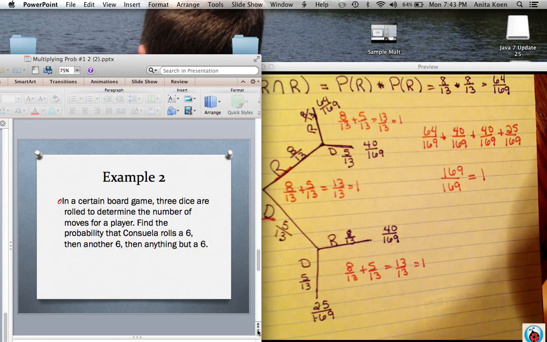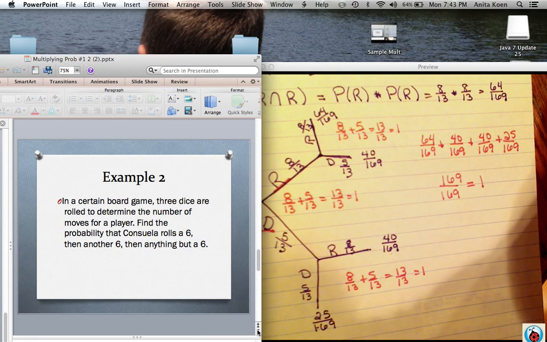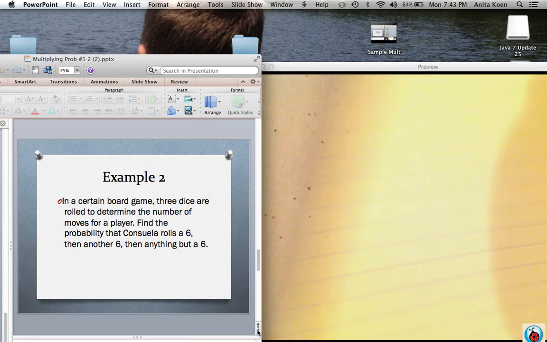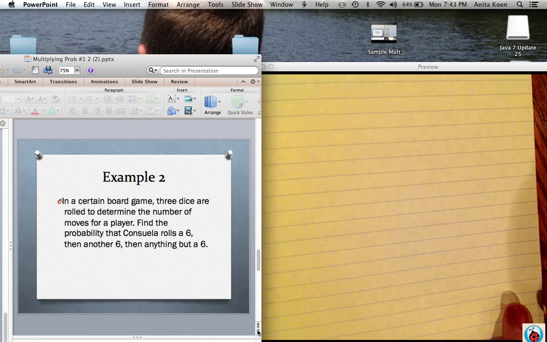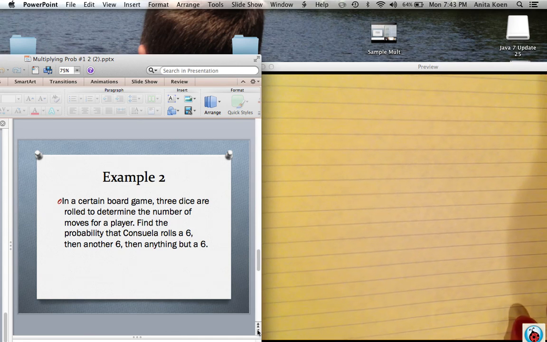Example number 2. In a certain board game, 3 dice are rolled to determine the number of moves for a player. Find the probability that Consuela rolls a 6, then another 6, then anything but a 6.